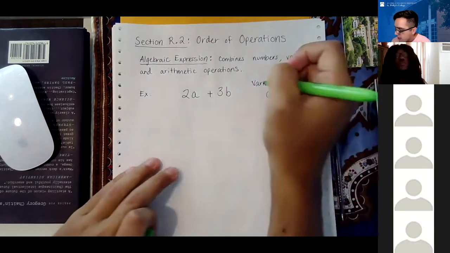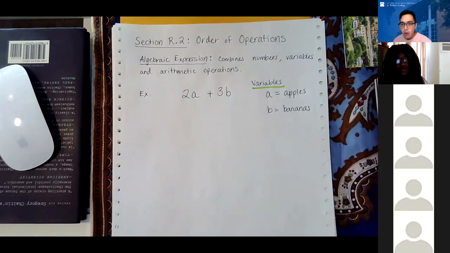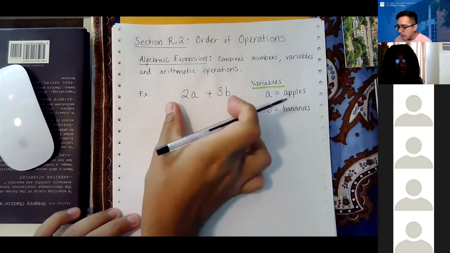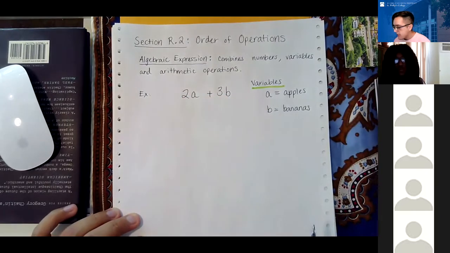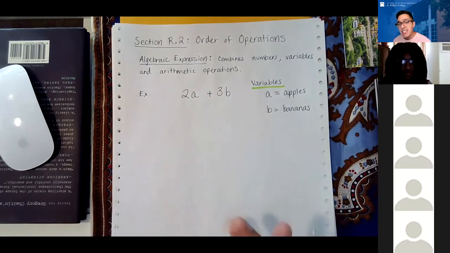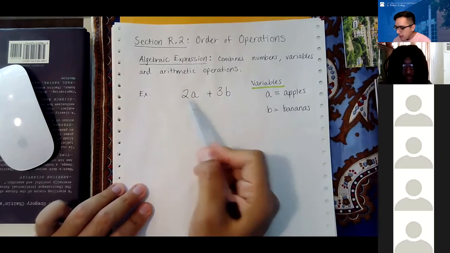So here, our variable is just a placeholder for some object, okay? And so I can write this statement down that I have 2 apples plus 3 bananas. So in mathematics, that's the only reason why we use letters. They're placeholders for some object, right? And so we can talk about things in the abstract and we don't have to talk about the actual physical things. It's sort of like a code.